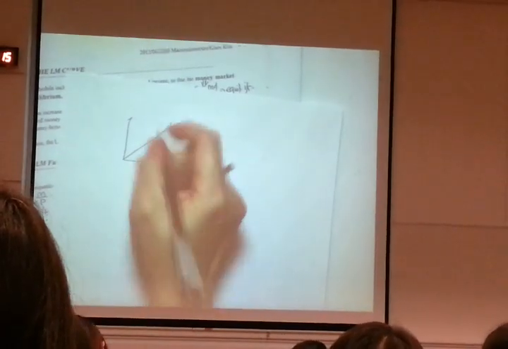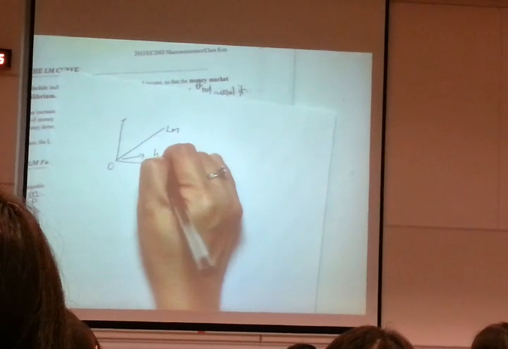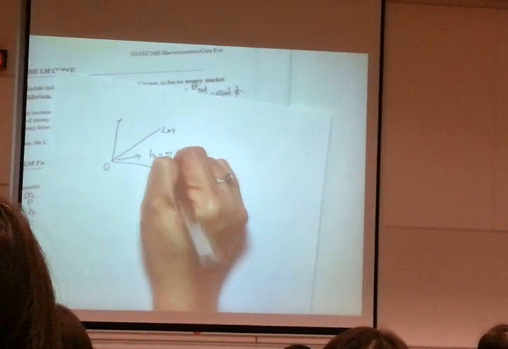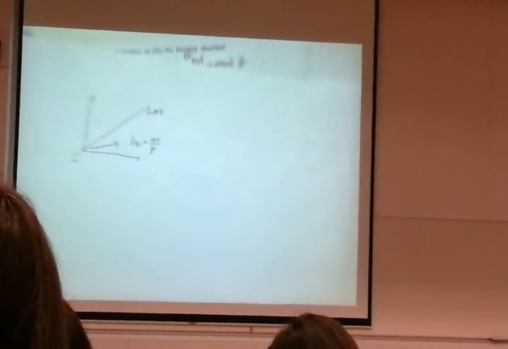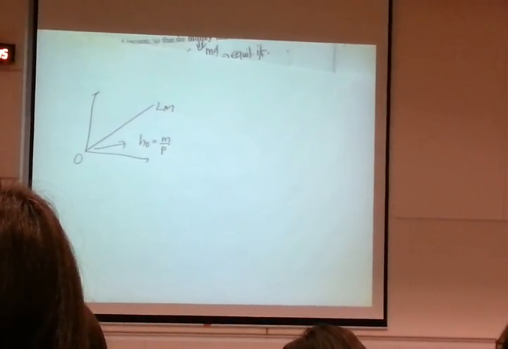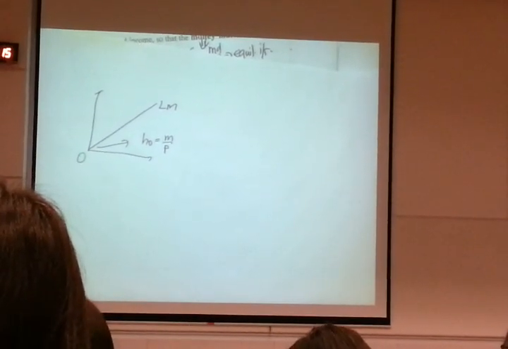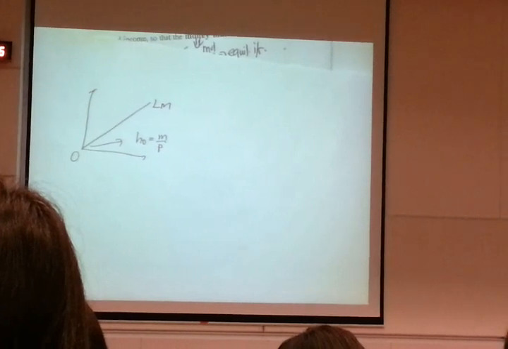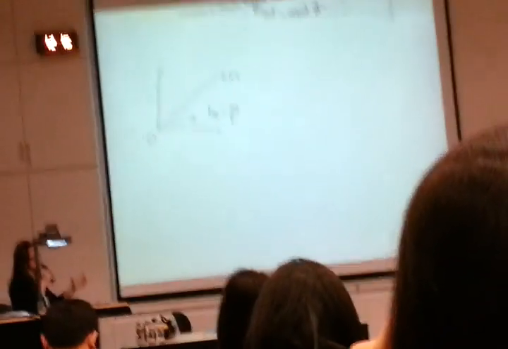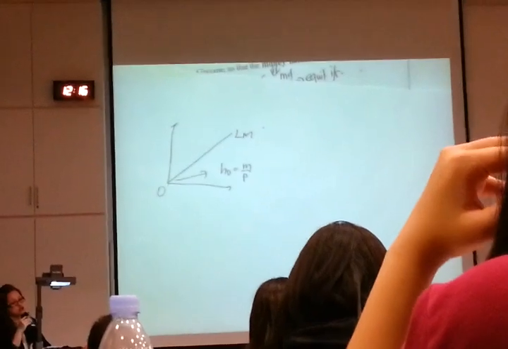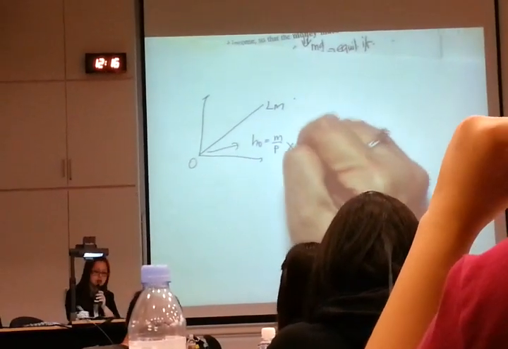If your LM is this, you are trying to say H0 is M over P. You're trying to say the amount of money is all in our hands, that we don't trust the banks. But that is wrong, because the LM came from money demand and money supply, and Keynes says people are buying financial assets. They must trust the banks and the banking institutions. So this is actually incorrect.